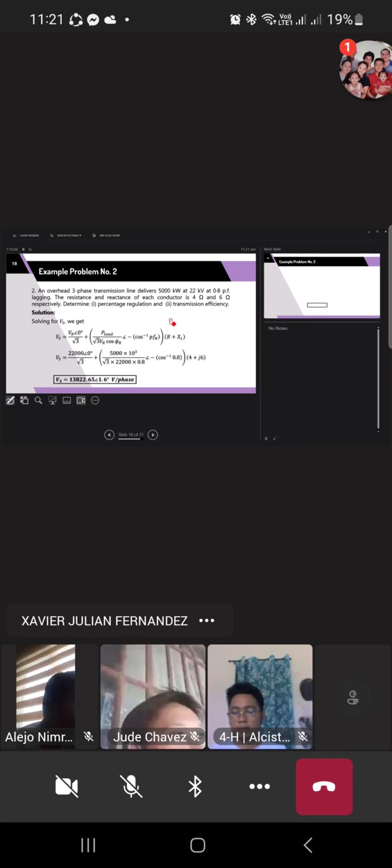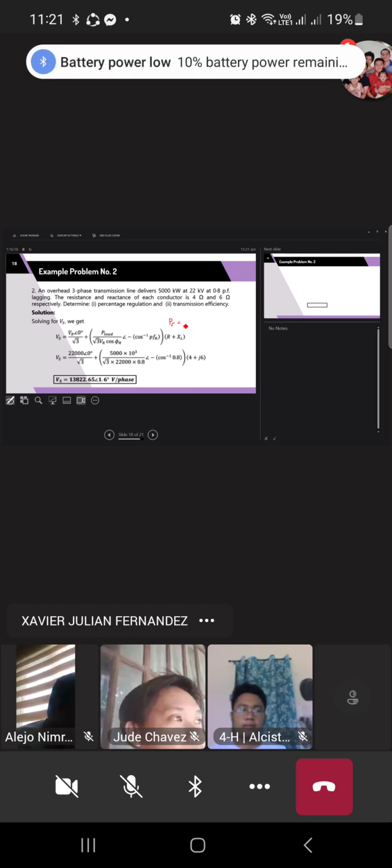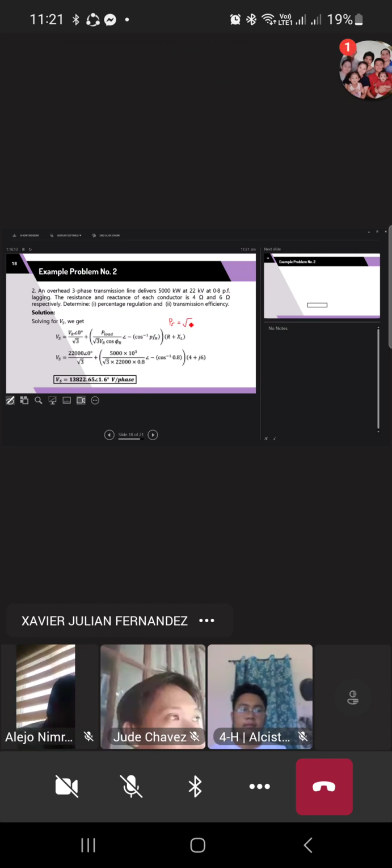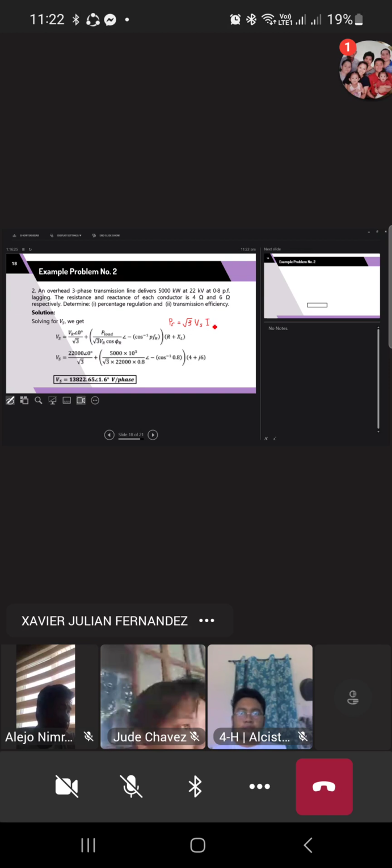Wala ba tiagi? PS. Since three-phase man so this is square root of 3 times VS. This is line to line ha, line to line nga VS times IS. O IS, series man so same na sa I. Then cosine of theta S.